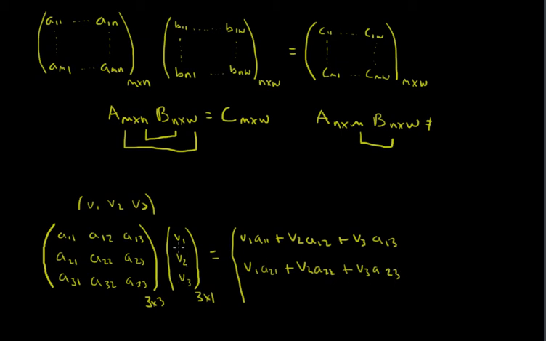And again, I pick this up and I apply it to this bottom row, and I get V1 multiplied by A31 plus V2 A32 plus V3 A33.